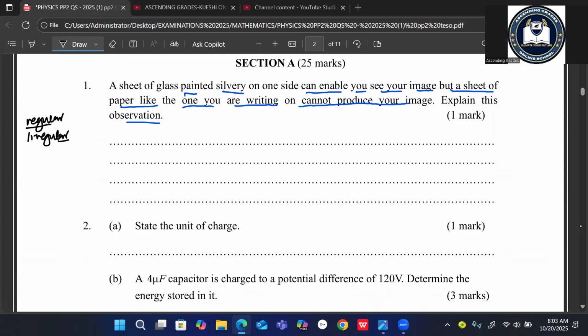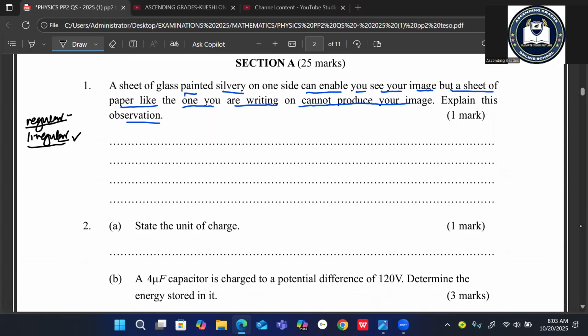A surface that is giving regular reflection will produce images, but the one that is irregular will not produce images. So in this case, the silvery painted glass is going to produce an image because it becomes a smooth surface, whereas the sheet of paper will absorb most of the light and therefore will produce irregular reflections.